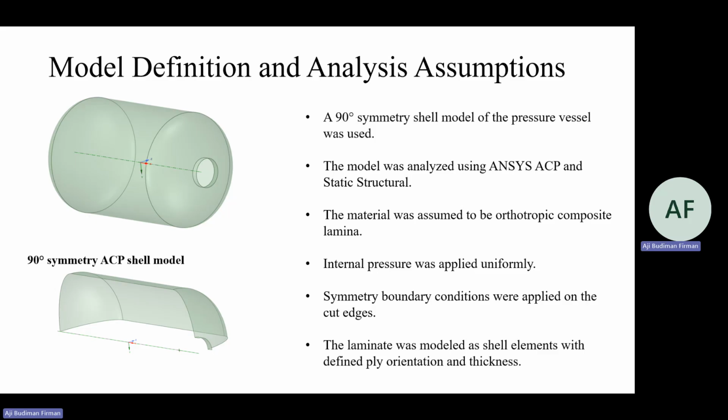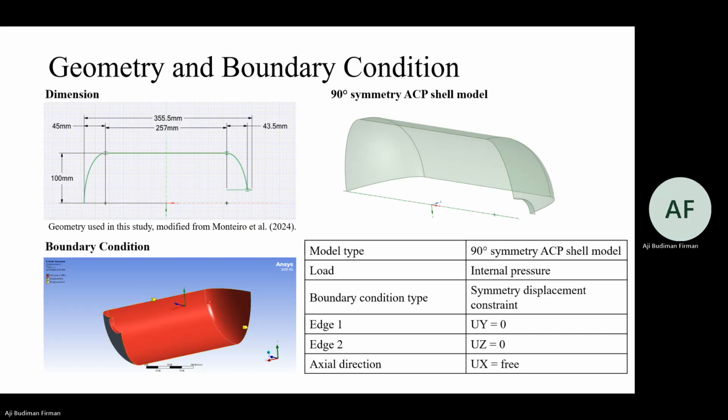In this study, a 90-degree symmetry cell model was used to reduce the computational cost while still representing the full vessel behavior. The model was analyzed using ANSYS Static Structural and ACP, and the composite material was assumed to be orthotropic. Internal pressure was applied to the vessel.